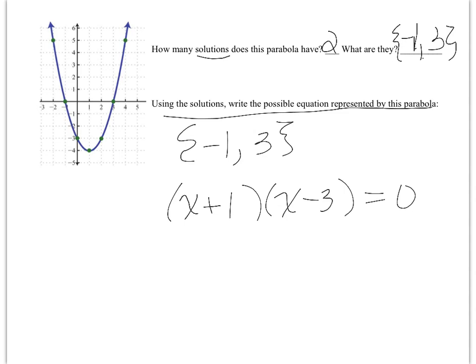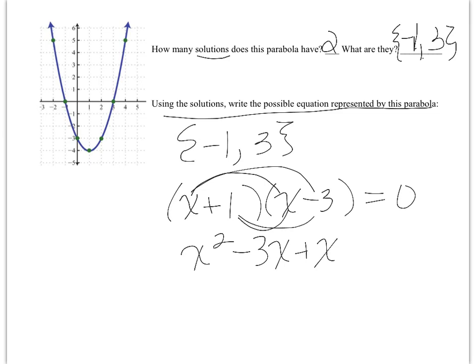So once you have the 2 factors, these are 2 possible factors that would result in this as a solution, we're just going to go through and do FOIL to get an equation. And we want the equation to be equal to y. So when I do FOIL, I'm going to do x times x is x squared. You're going to do x times -3 is -3x. I'm going to do 1 times x is x.